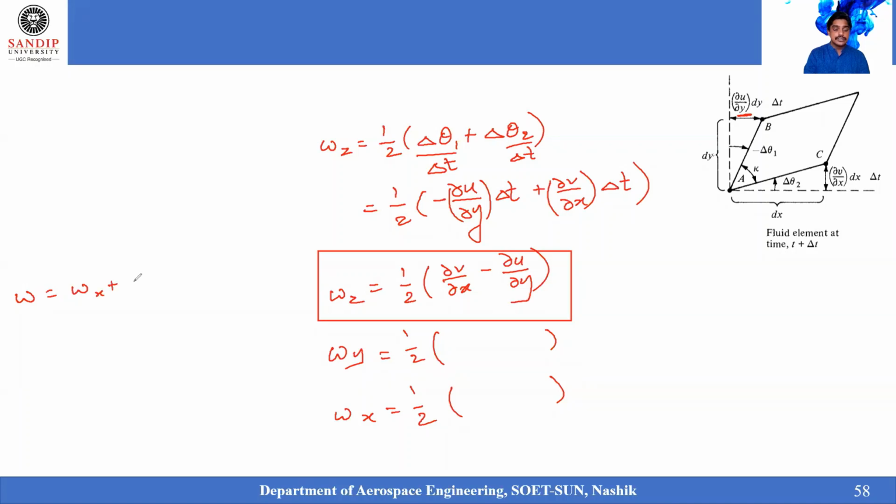Let me write the generalized equation: the angular rotation about the three axes is omega x into i plus omega y into j plus omega z into k. This is the actual equation for the angular rotation of a fluid element in three dimensions, where the rotation is happening in all three dimensions.